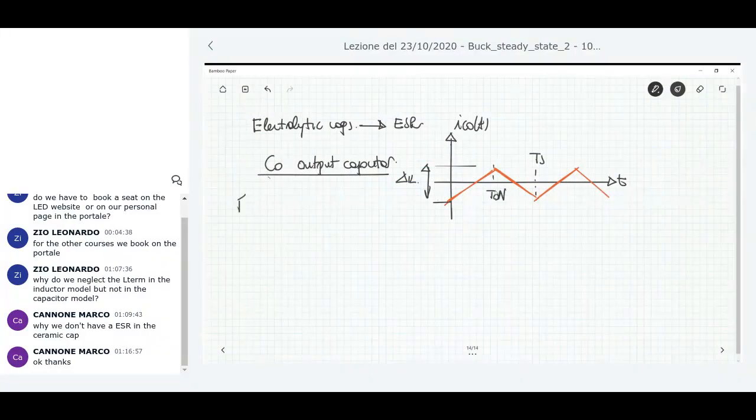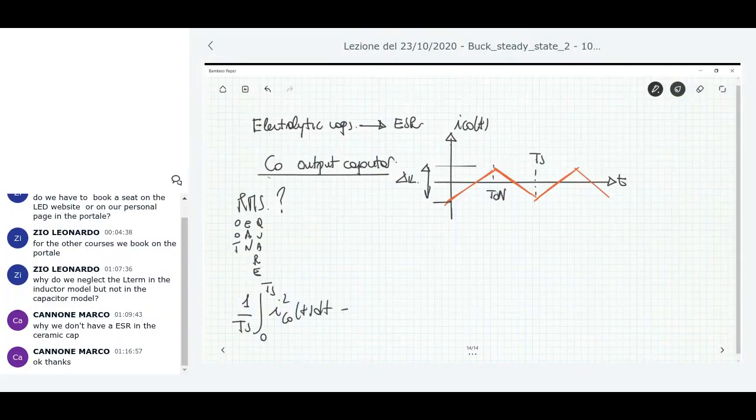Root mean square value of this current. We have to compute this. Root mean square, what does it mean? Root, mean, square. As a first step, the definition is something like this: one over the period, the integral of I squared, I C0.